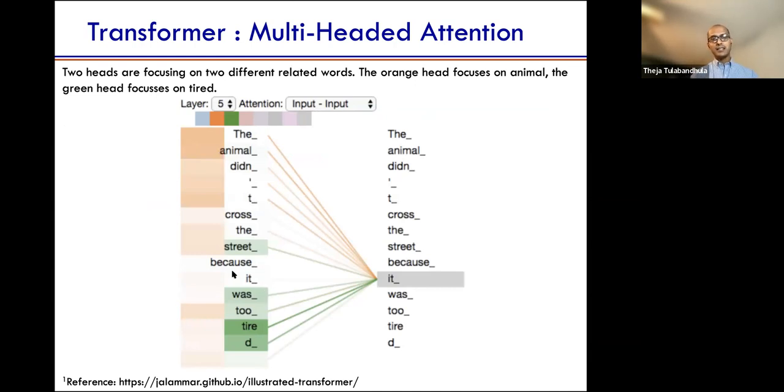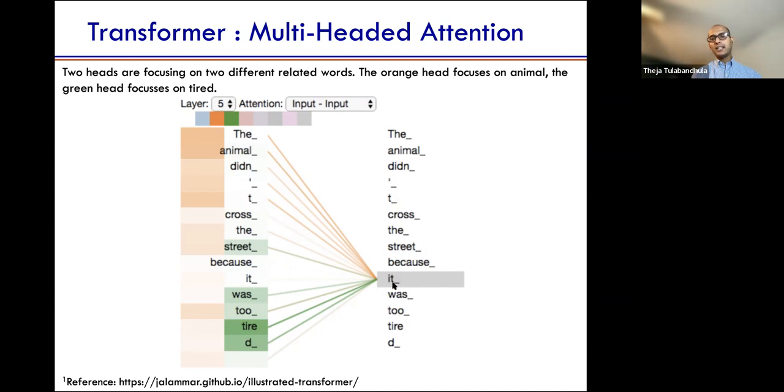So it's the same sentence. The animal didn't cross the street because it was too tired. What you're seeing in the orange column corresponds to attention weights for one attention head. Attention head, just think of this as one self-attention operation. The green column corresponds to another attention operation, with different keys, queries, and values, and the attention weights are shown here.